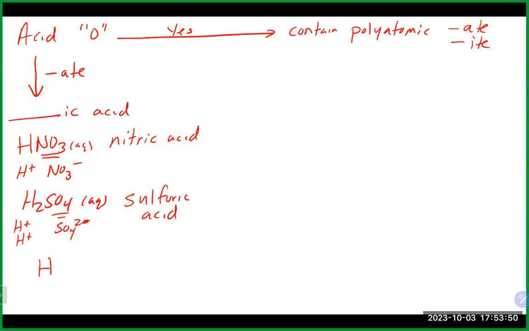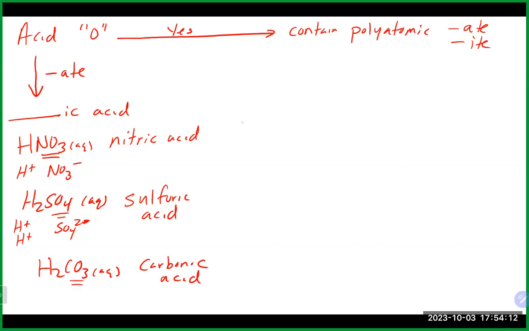So my H2CO3 that we looked at a second ago, what should that name be? CO3 is what? CO3 is carbonate, which means this will be carbonic acid, yeah.